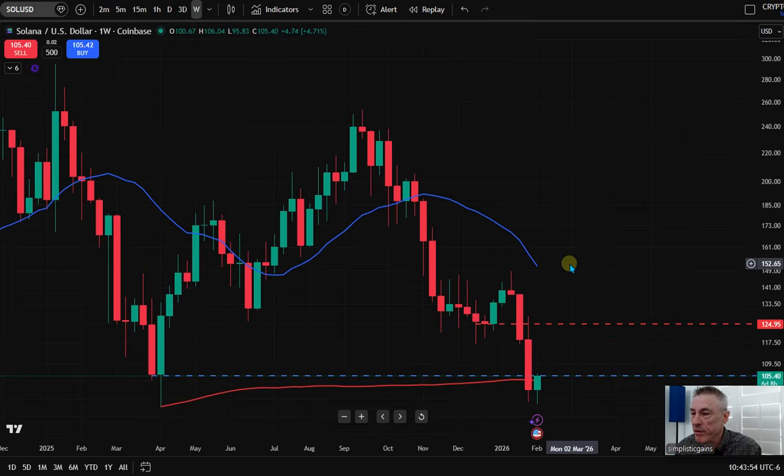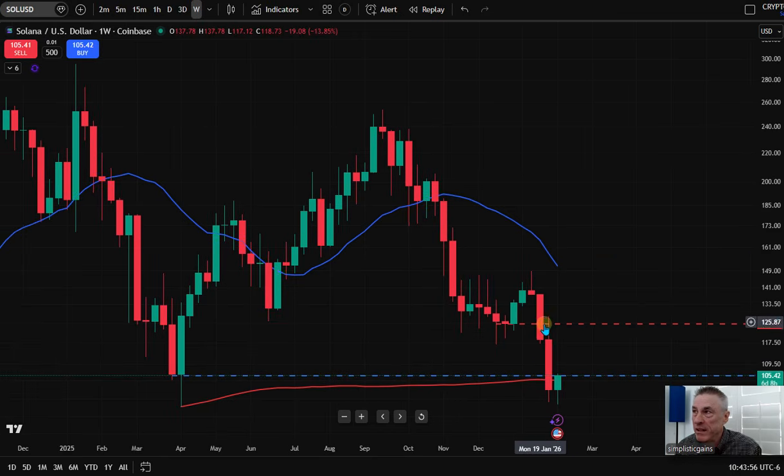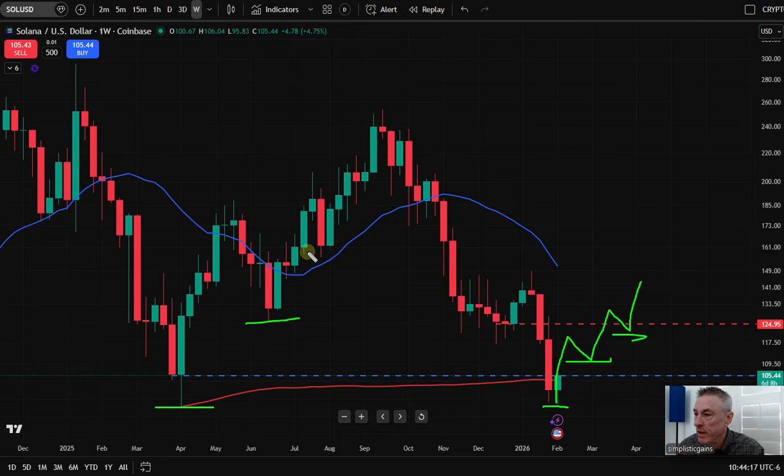These are weekly candles, but we'll have to watch and see if we can come up. Basically, there's our low. We don't want to take it out as we come up. We want that W formation, a higher low, like we did over here.